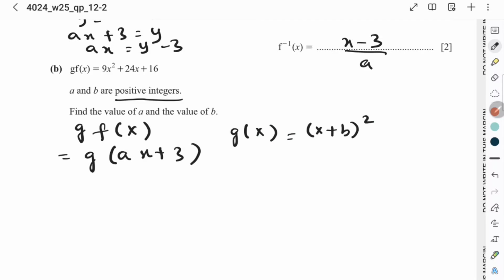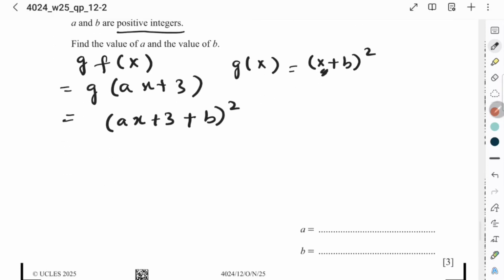Okay. Now either you can do x squared plus 2xb plus b squared, write it down and then work with it, or you can also write g of (ax plus 3), in place of x you write down (ax plus 3 plus b) whole squared. Either you multiply by itself or you can make it into two parts.